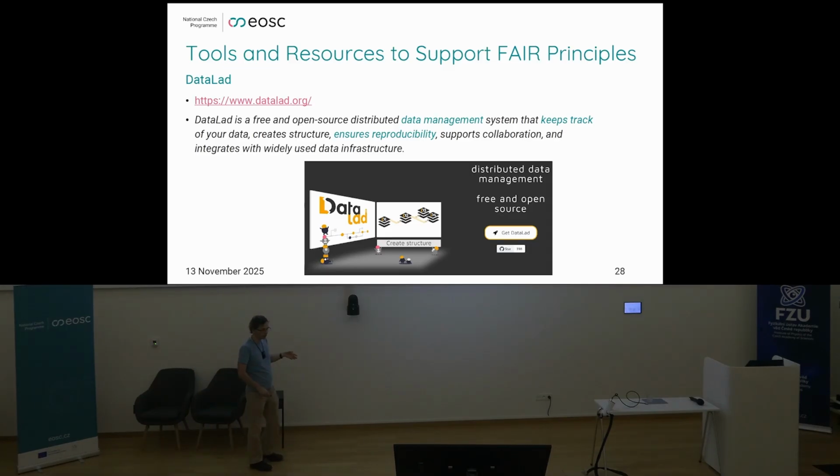And it's, I think, a very nice example of handling data together with software, and what's important, keeping track of the provenance information. So if you share a Datalad repository with someone, he can very easily see what particular processing resulted in the data you are showing to him.